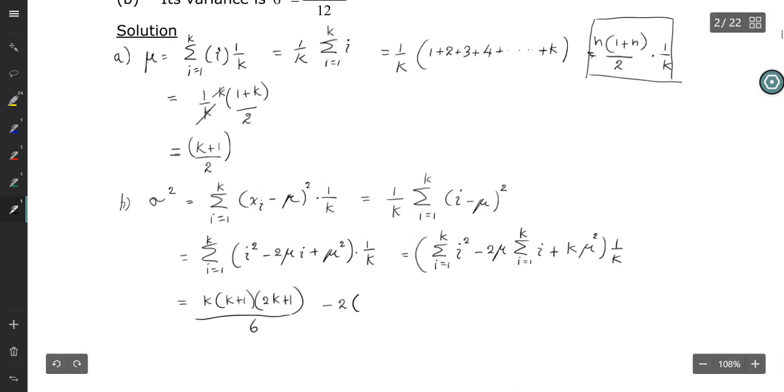We found that it is (k plus 1) over 2 times the sum of i. So the sum of i is again k times (k plus 1) over 2. So this is the second summation. And then at the end you have k mu square. So everything times 1 over k.